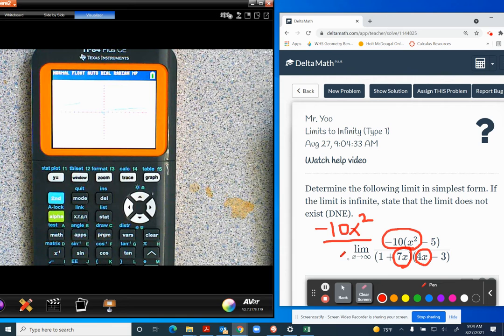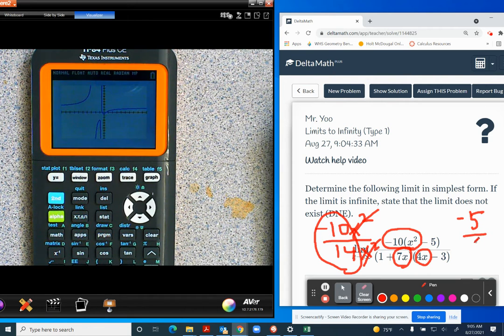So what is that? 14x squared. And you can tell that x squared will cancel each other out. That will give you negative 5 over 7, isn't it? Doesn't 10 over 14 reduce to negative 5 over 7?